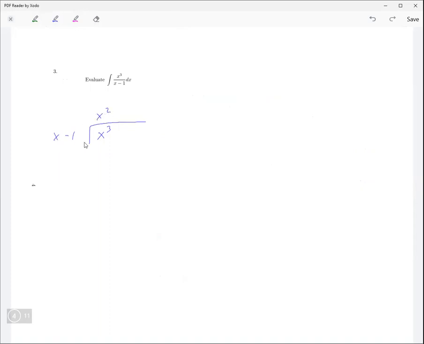So x squared here, x squared times x is x cubed minus x squared, and we subtract, so this is x squared. The key is to remember when you're doing long division to subtract here.